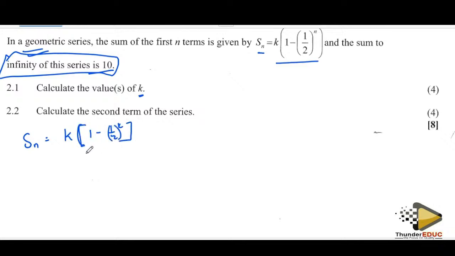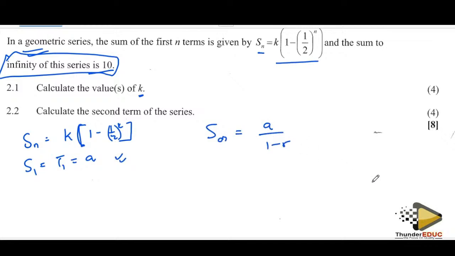So one thing we need to know is that when you talk of S1, the sum of the first term, that will be the same as our T1 or our A. And then for us to get the sum of the second term, I can find my first term and then apply the sum to infinity, 1 over that.